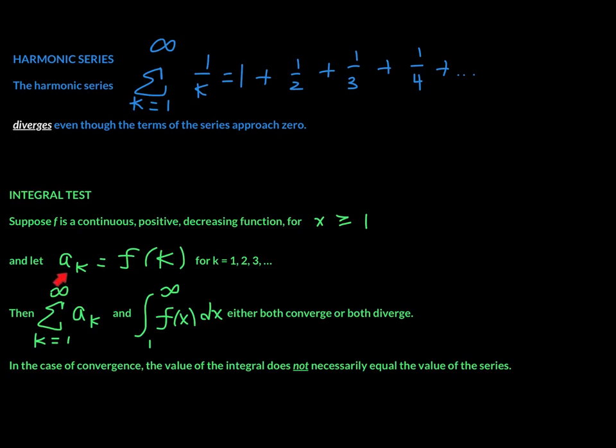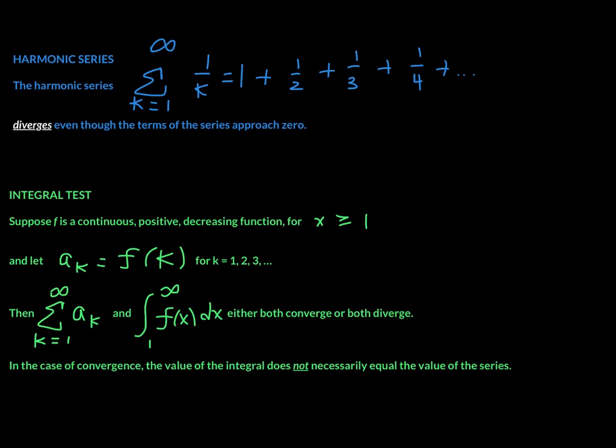And let the terms of the sequence be able to be written as a function f of k for k equal to 1, 2, 3, etc. Then here comes what the test says. The infinite series and the integral of your function from 1 to infinity either both converge or they both diverge.